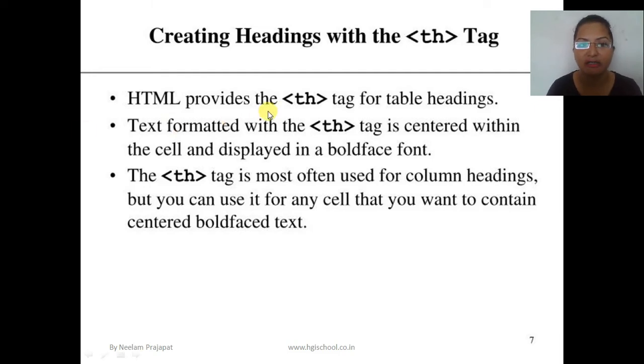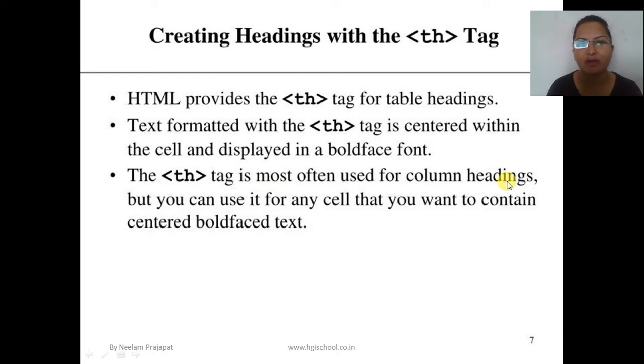HTML provides the th tag for table headings. Text formatted with the th tag is centered within the cell and displayed in a boldface font. The content inside the th tag will be in the center and the text will be bold, in strong. The th tag is most often used for column headings.